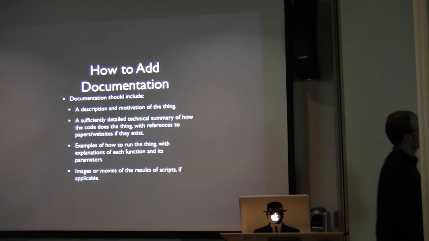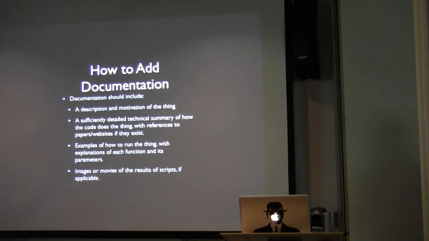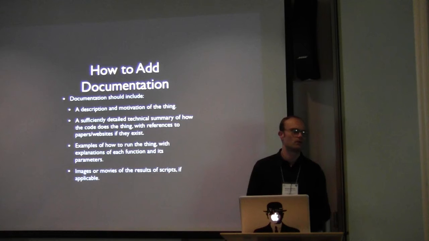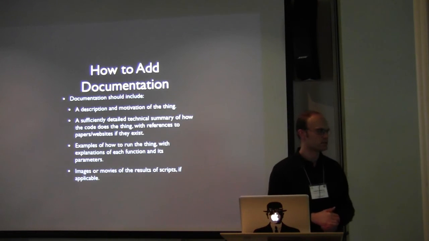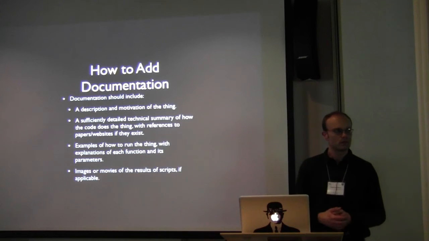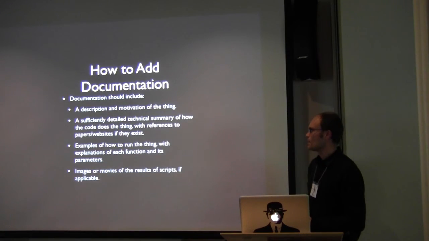A technical summary. This could be describing what goes into a widget. It's got 4 gears, three strings, and a battery. And please see Dr. Seuss et al. 1967 for more information. That's something you'd want to include if there are references.